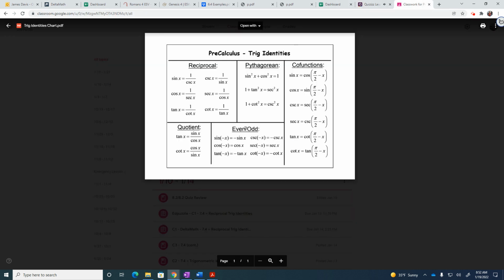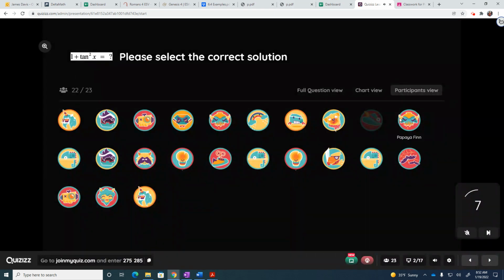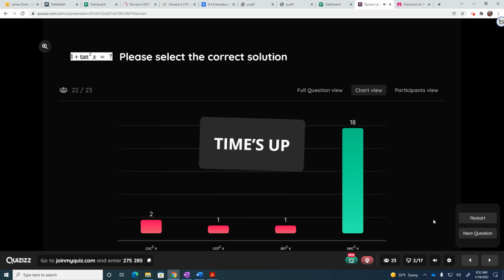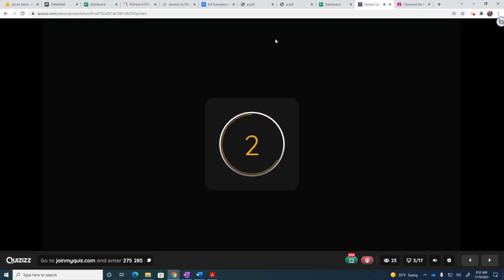If you look at our Pythagorean identity here, 1 plus tan squared equals, so that would be secant squared.